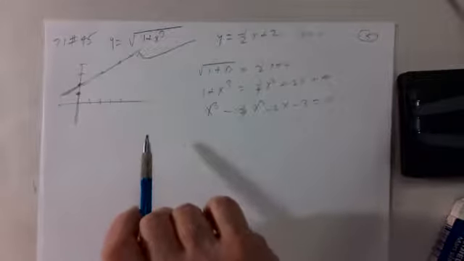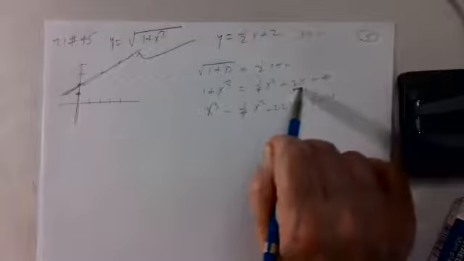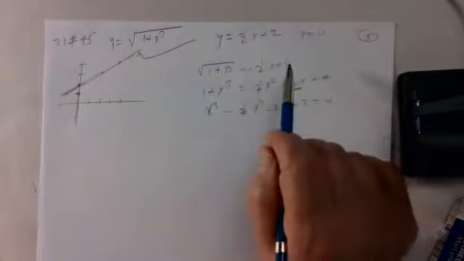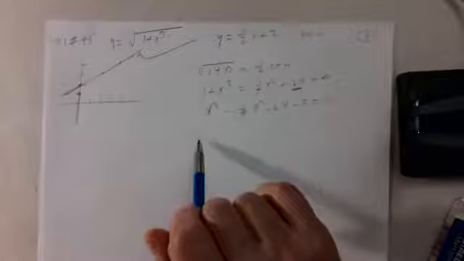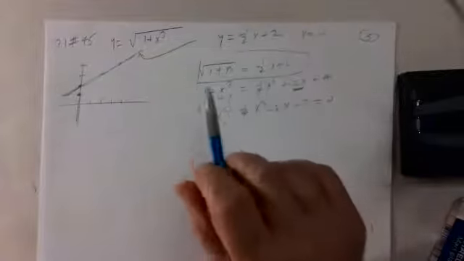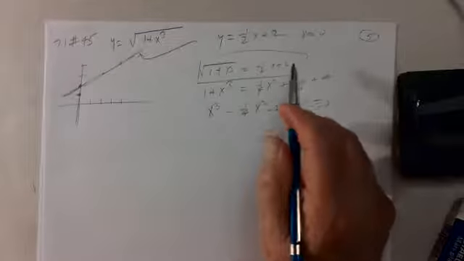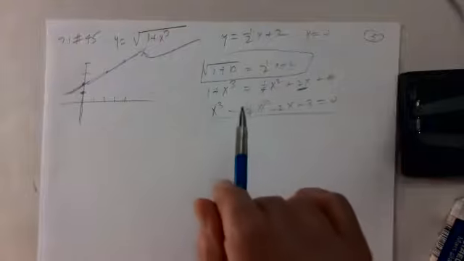So it would be good to know when these are equal. Professor, where did you get the 2x? Here I only see 1/2 x plus 2. No, I'm squaring both sides. I want to know when these two curves cross. And when they're equal, then the squares are equal and we just get a polynomial.